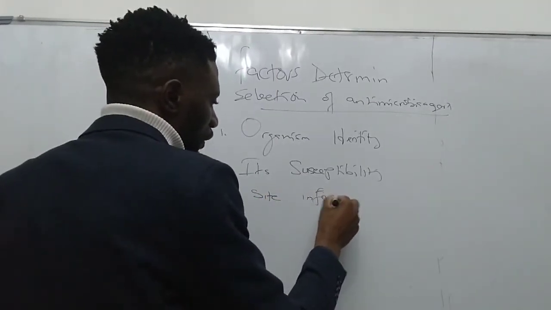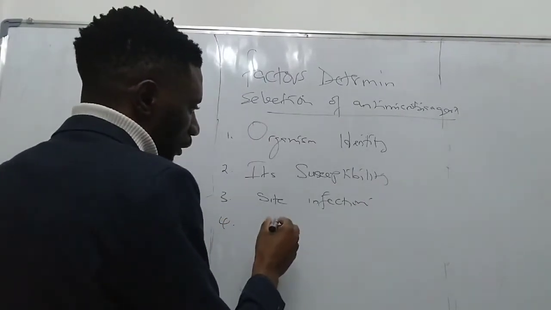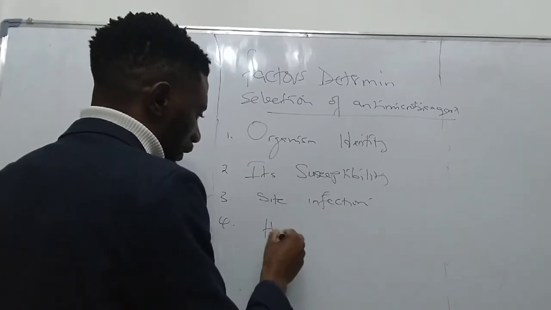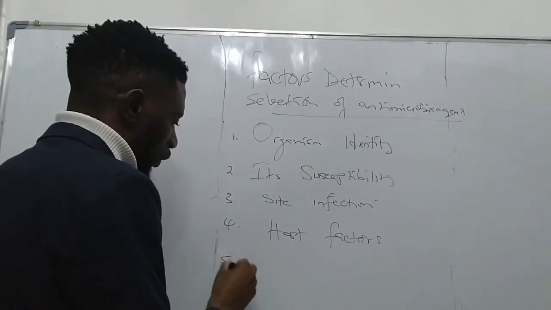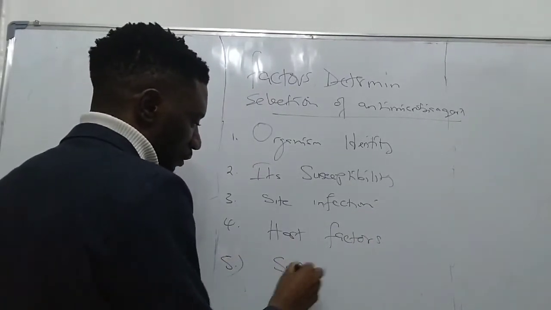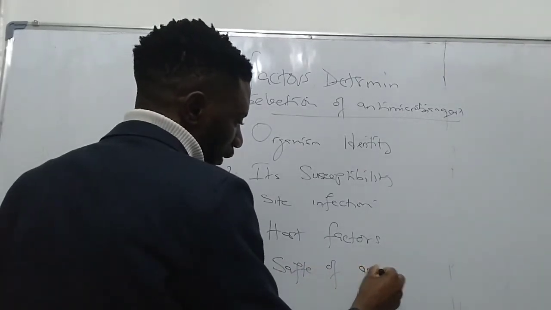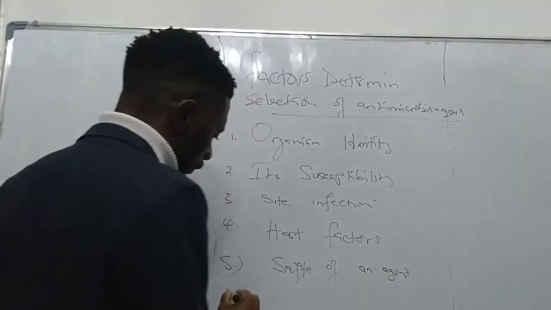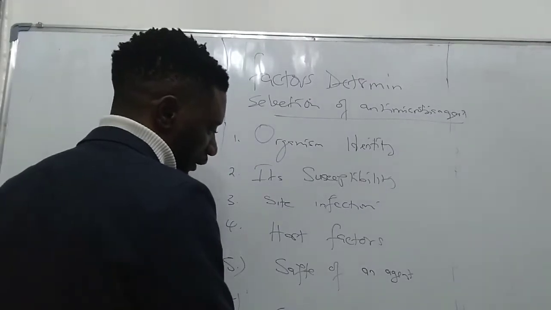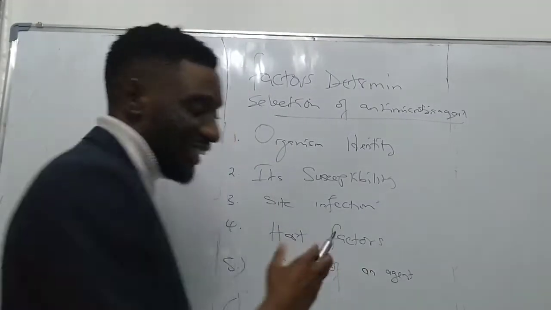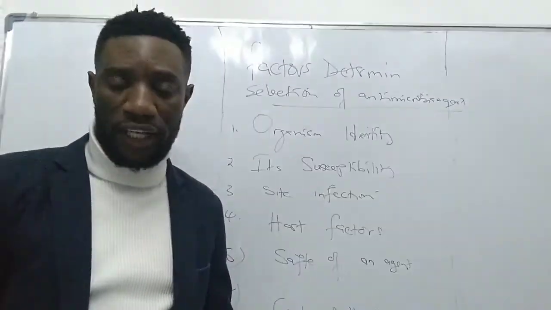Number four is host factors. Number five is what we call safety of an agent. And number six is what we call cost of the agent. So these are important factors that determine the selection of the most appropriate antimicrobial agent.